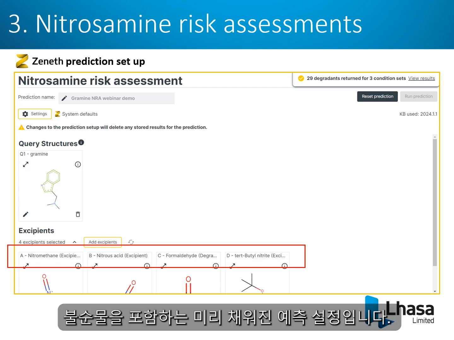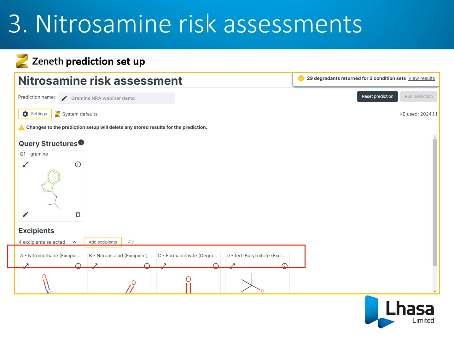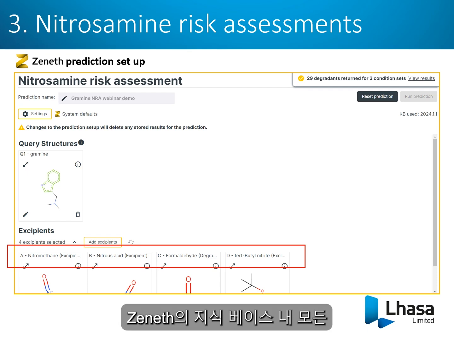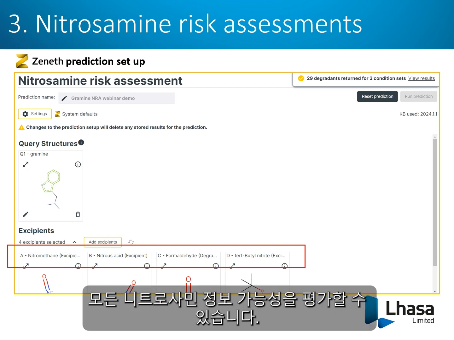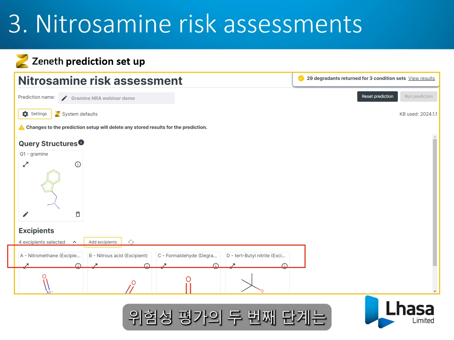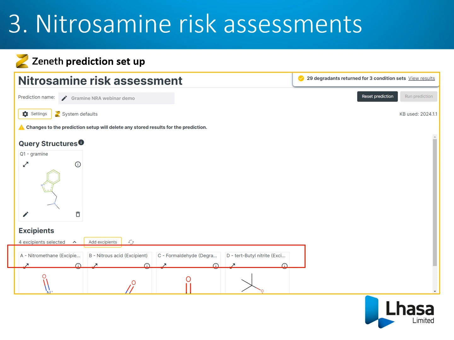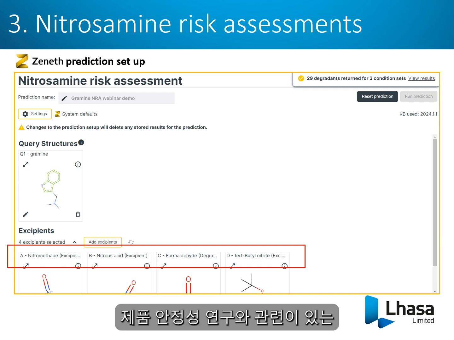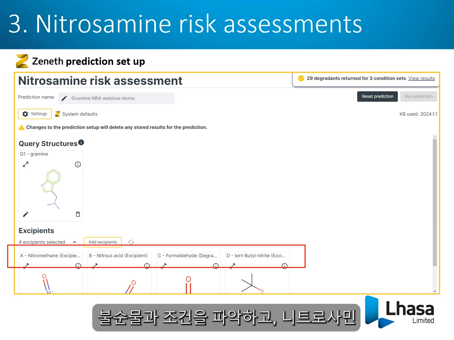Including these impurities allows a user to assess all the possibilities of nitrosamine formation within Zeneth's knowledge base. The second step of this risk assessment is then an expert review of the results to correlate which impurities and conditions are relevant to your product stability study in order to assess the potential risk of nitrosamine formation.